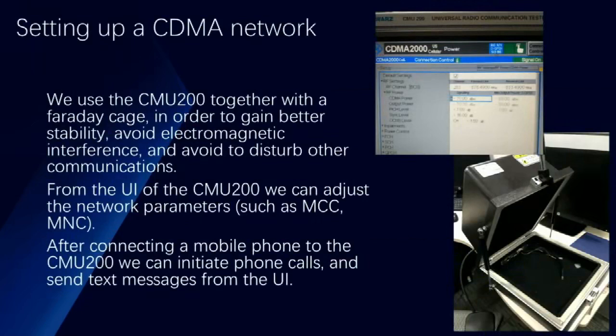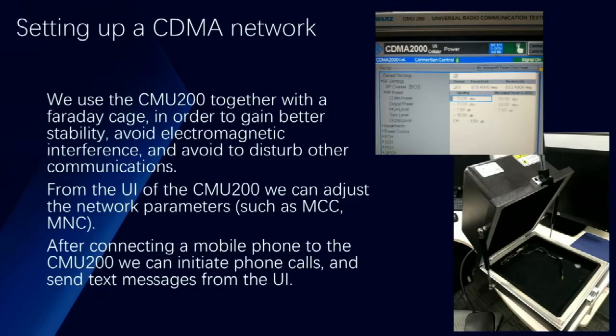We use this machine together with a Faraday cage, a shielding box, in order to gain better stability. We also use this cage to avoid any interference. You cannot disturb common communications in the air, otherwise you may break the law in many countries, so we have to do that.